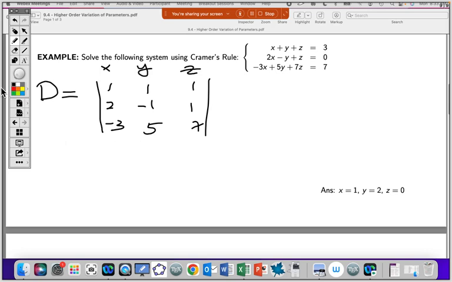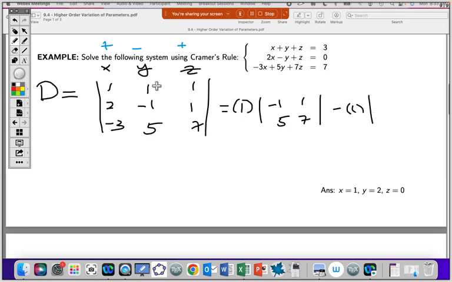Okay, so let's go through and multiply this out. Once again, we're going to assign our signs here, plus, minus, plus, alternating signs. So all the coefficients here are going to be 1. You wipe out the row and column that the X is in. You get the little 2 by 2 matrix, negative 1, 1, 5, 7.